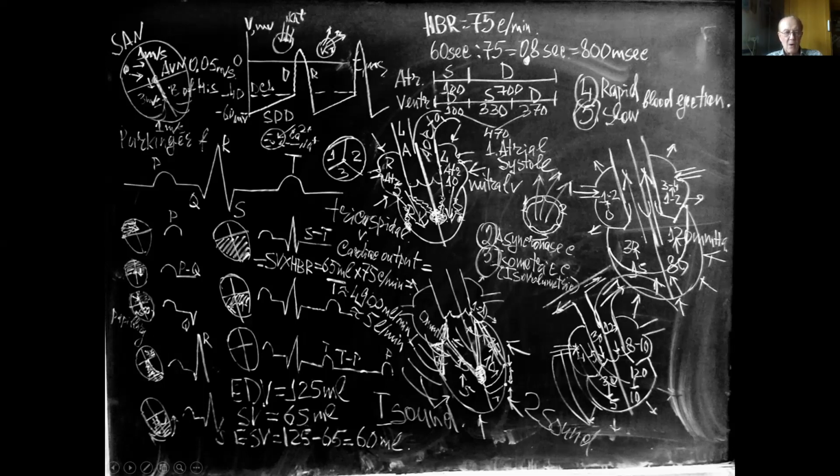What is the reason of these waves? First of all, the excitation conducts from the sinoatrial node. This is the excited part of the atria, and this is the rest part of the atria. At the border forms the local current, and this local current produces an electromagnetic field, and we register the P wave.